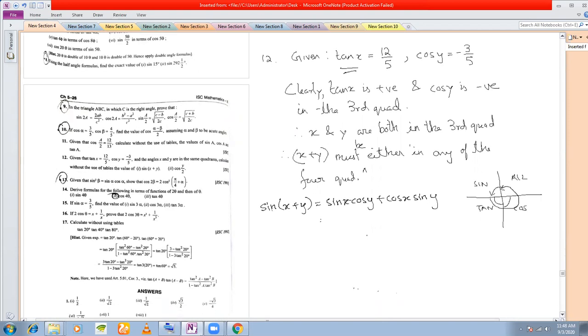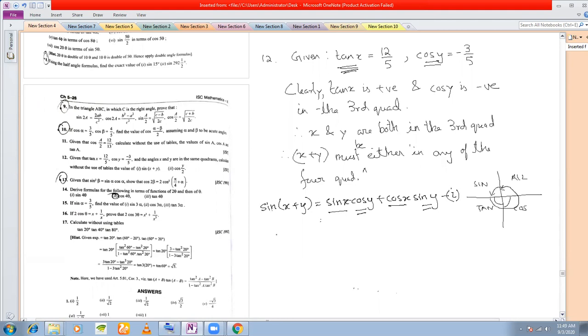Now the point is, from tan x, I want to calculate this sin x and this cos x. And from cos y, I'll put the value of cos y here, and I can calculate sin y from this cos y. So from tan x, let us call this 1, and let us proceed to calculate the value of sin x from tan x.